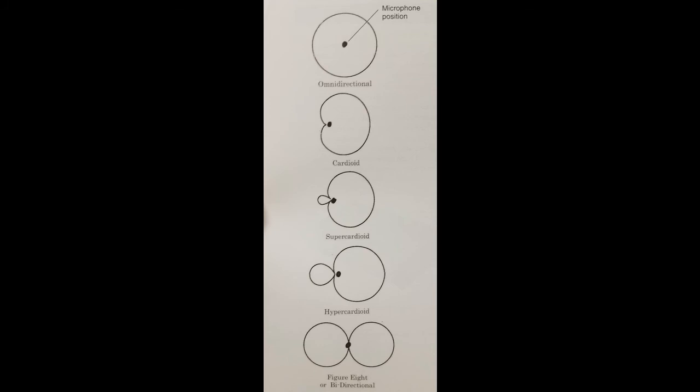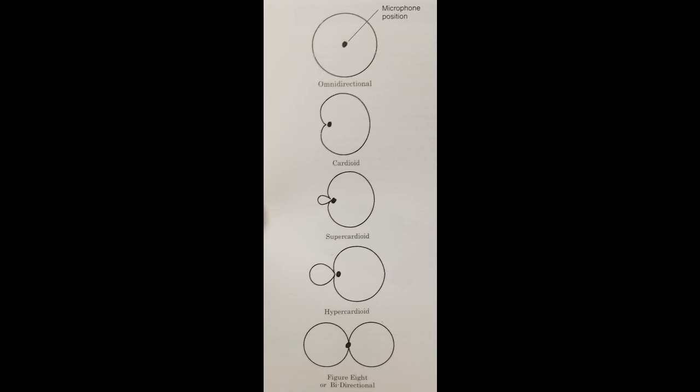More commonly seen are your omnidirectional or cardioid microphone pickup patterns, simply because a lot of times you may not have a microphone placed on an actor and you need to be able to pick up sound from any kind of direction. Thus, you would want to use that omnidirectional, which can pick up everything in its surrounding area.